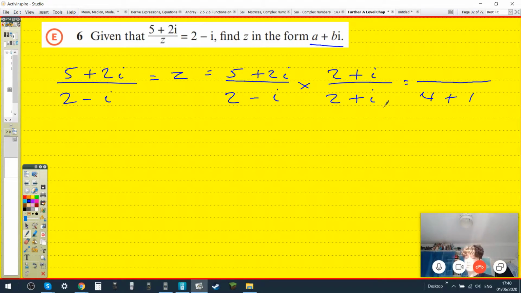And then you get 10 plus 2i squared, which would be minus 2. Plus 4i. Have I done something? No, I've done something. No, I haven't. Yes, you have. I've done one part wrong.